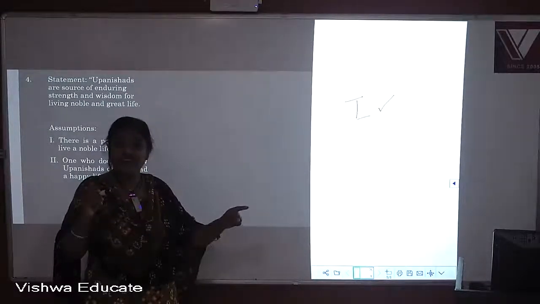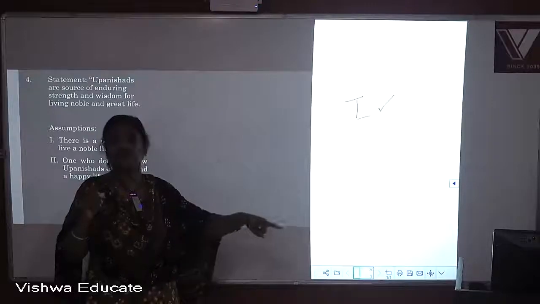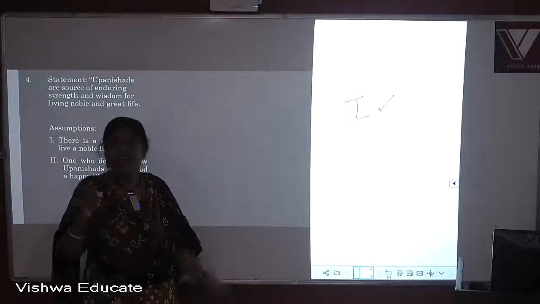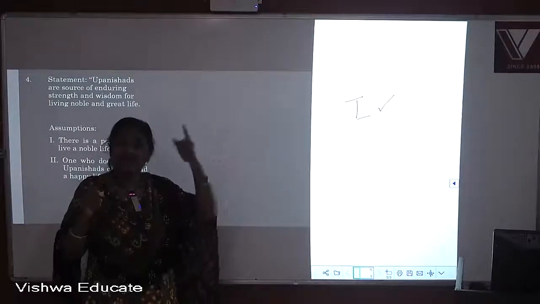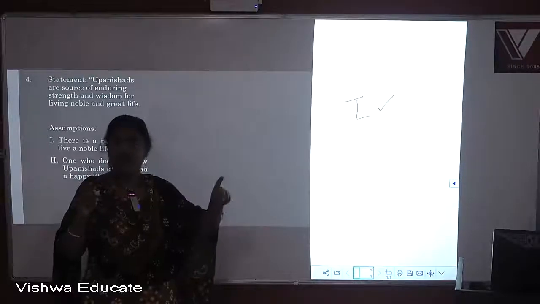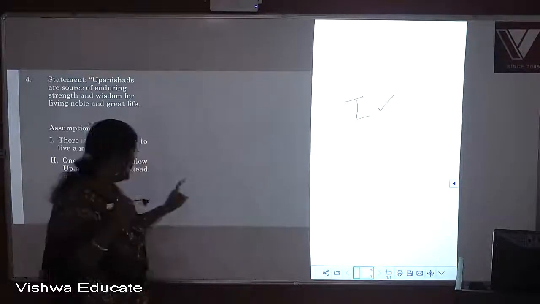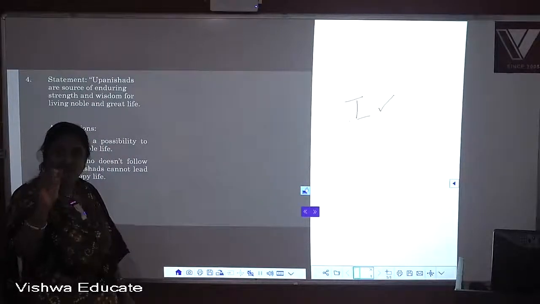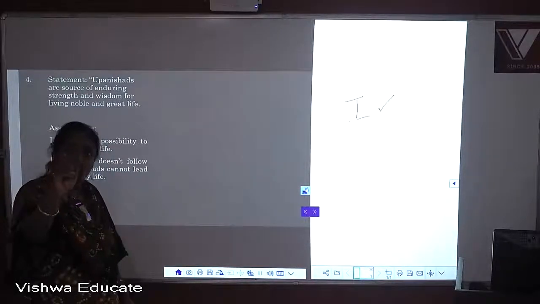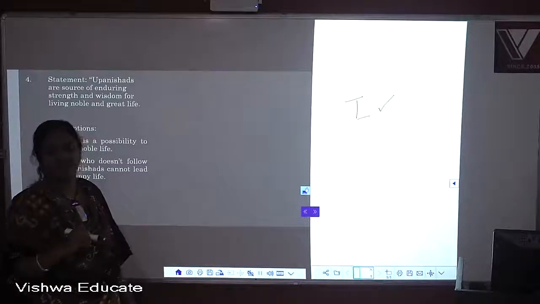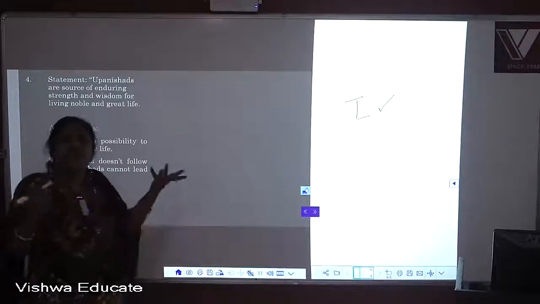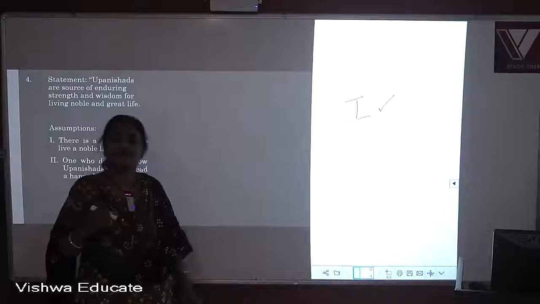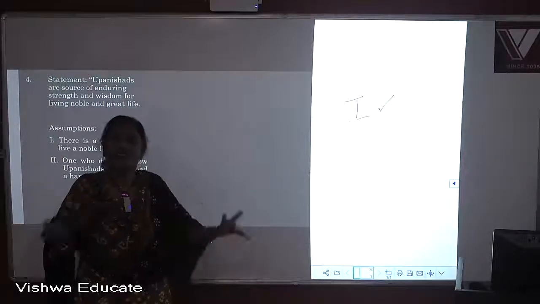If it is given that Upanishads are the only source of strength and wisdom, and that strength and wisdom make one lead a happy life, then this would have been definitely implicit. But it is not given that Upanishads are the only source of strength and wisdom. It is one of the sources. Upanishads, one of the sources.